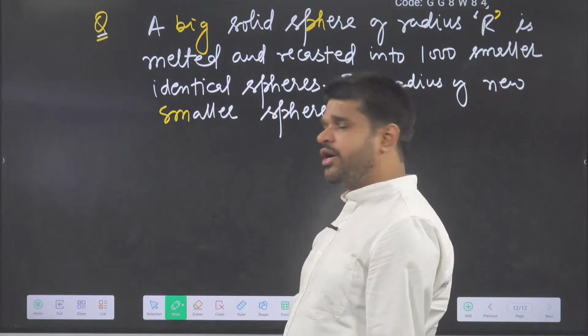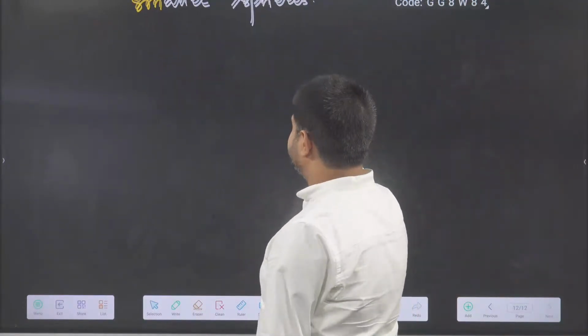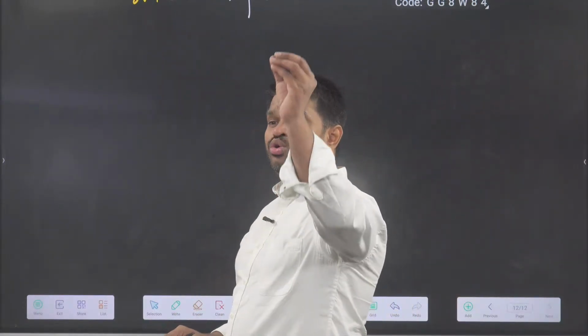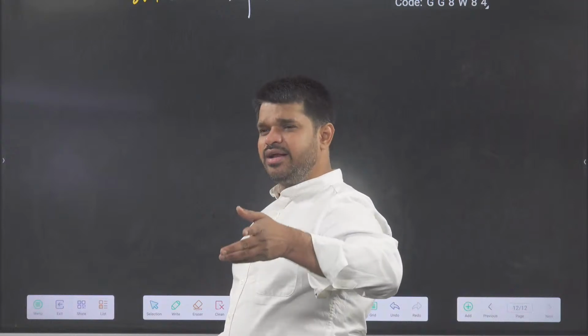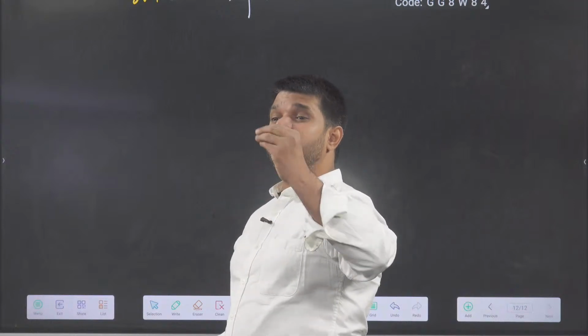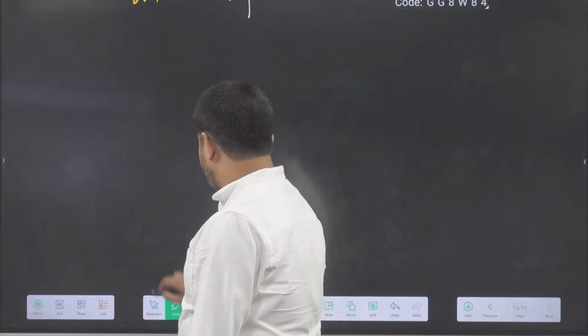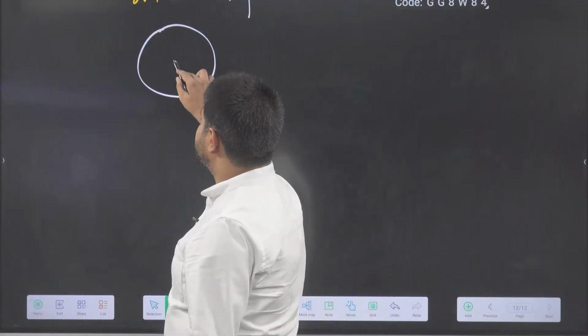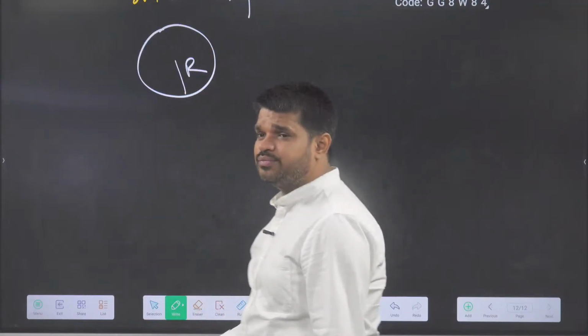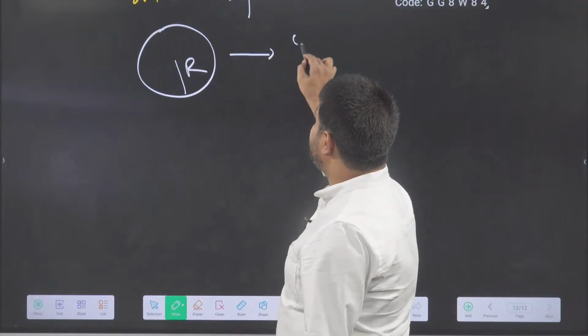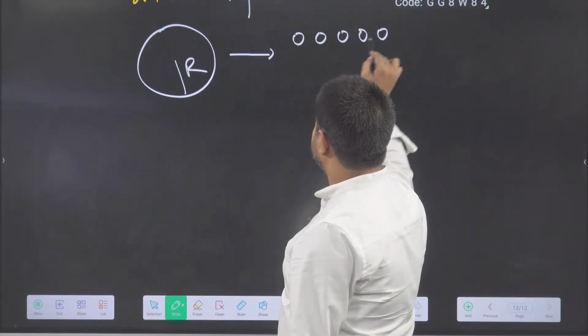Okay, let me do it. See, first I will do it like a kid, then I will do it directly, orally. First of all, understand. There is a big sphere of radius capital R. It is converted into small spheres.